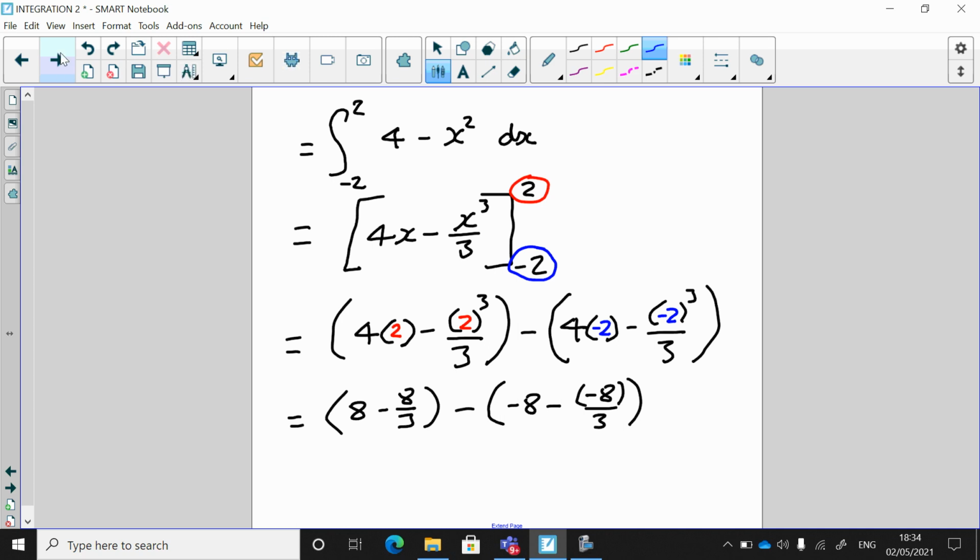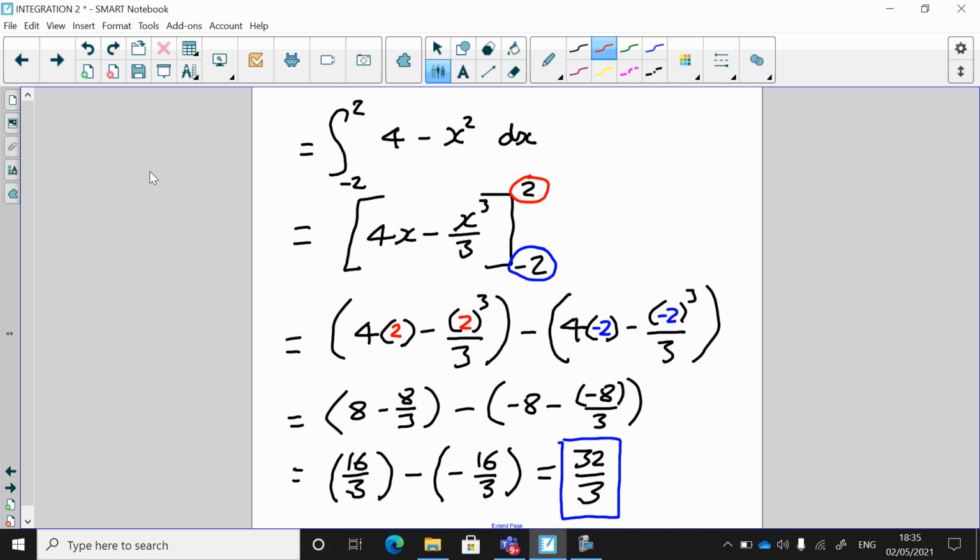We're just doing a wee bit of arithmetic here. Hopefully you can cope with that. So 8 take away 8 over 3, that's like 24 over 3 take away 8 over 3, which is 16 over 3. Take away, that's going to give you a wee plus, because a negative gives us a plus. So 16 and 16, 32 over 3, I think. And I think that's us there.